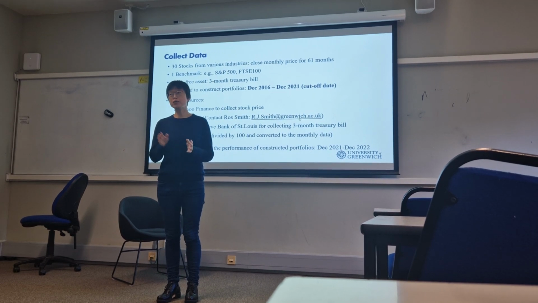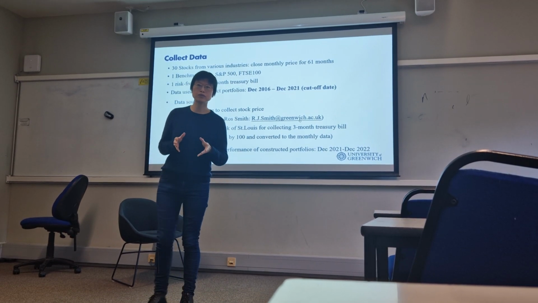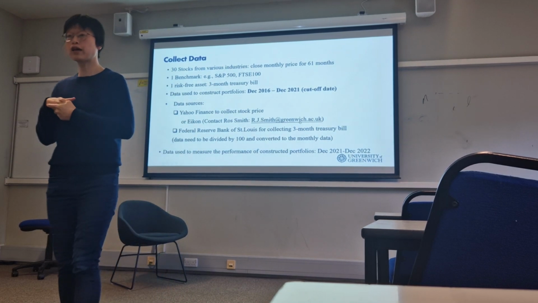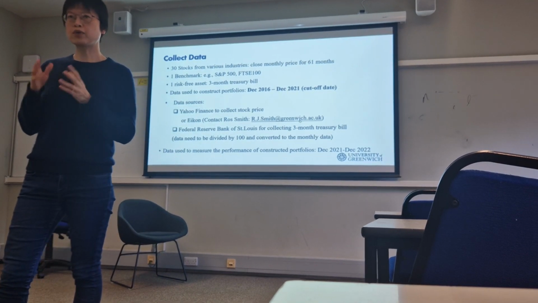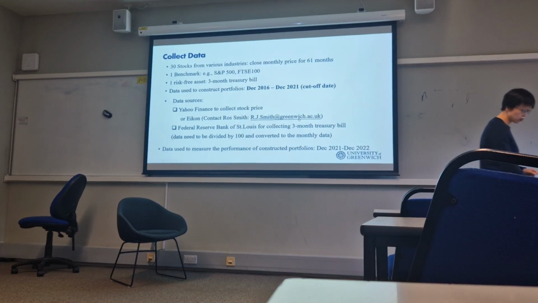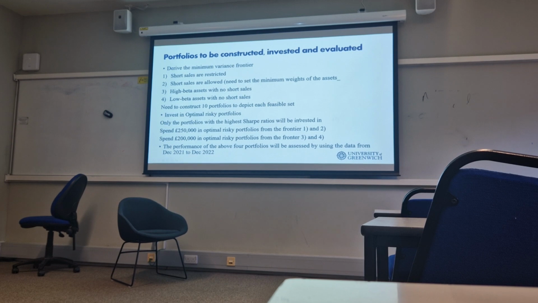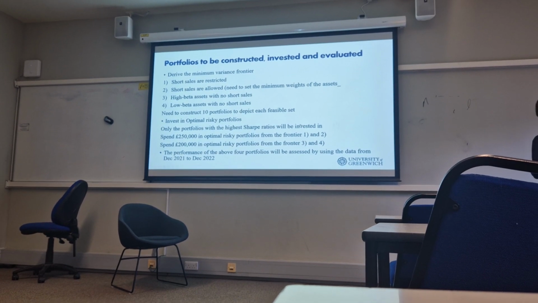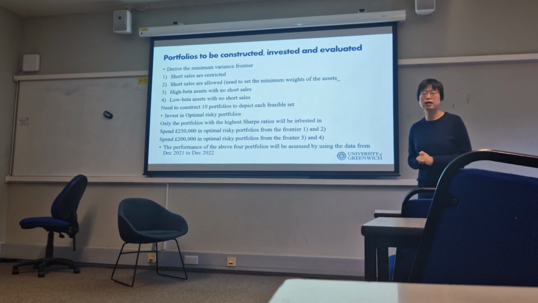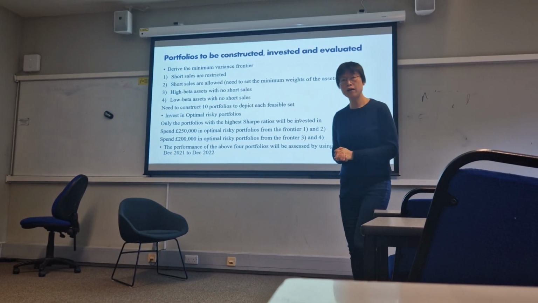Up to now, we construct portfolios and then depict the efficient set. There are a few efficient sets that we need to depict: actually 4 minimum variance frontiers, or feasible sets, that we need to derive.